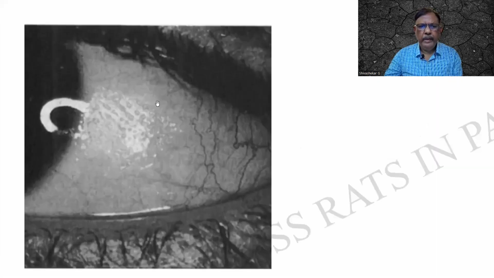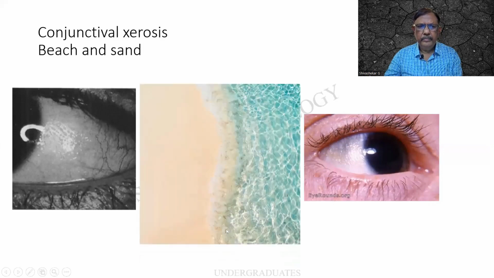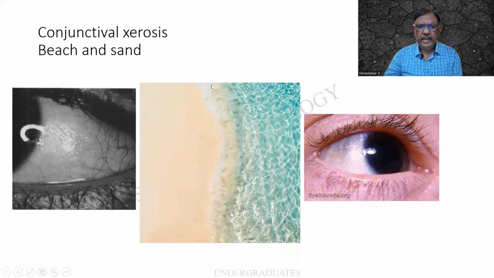I hope you people are able to appreciate the granularity that is getting formed on the lateral side of the cornea in the conjunctiva. And this is exactly the region over here wherein you get a beach and sand appearance in the eye. A classical description.